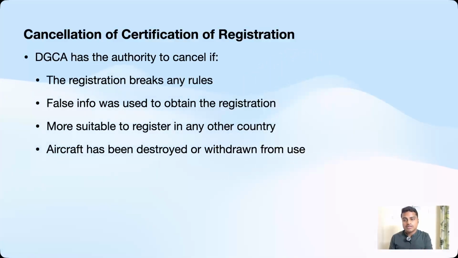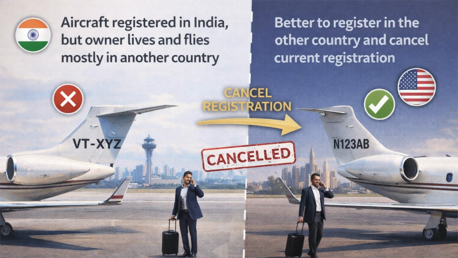A few more examples of this scenario where it is more suitable to register that aircraft in a different country could be a business jet that is registered in India with a particular mark, but in reality the owner lives abroad and the aircraft is based permanently outside of India, and it is operated and maintained and flown mainly in another country, and the Indian authorities have no effective control or oversight of that aircraft.